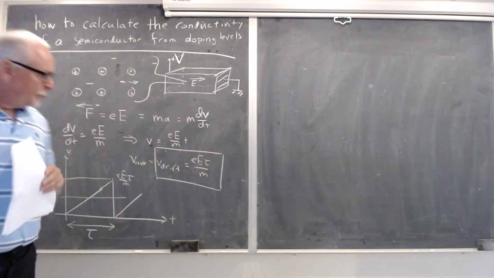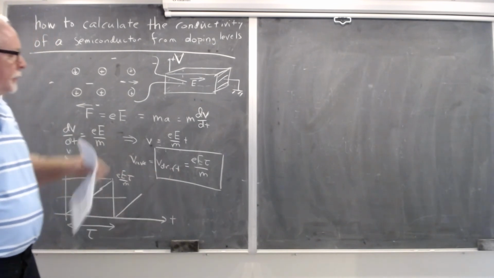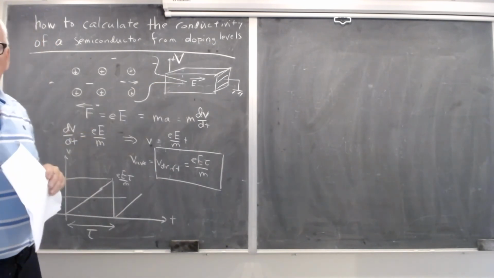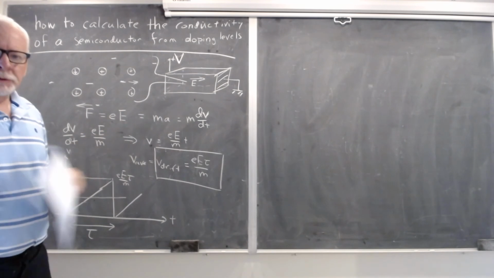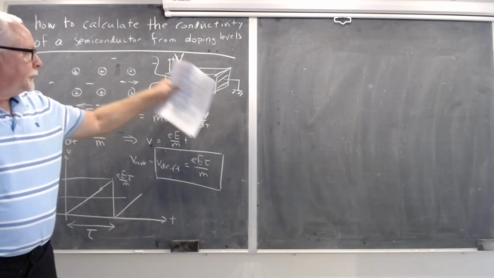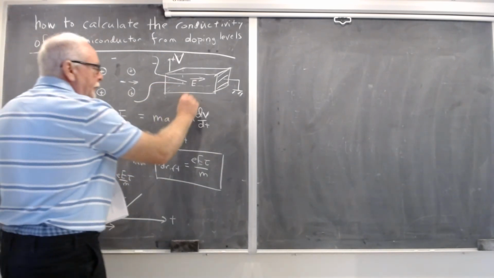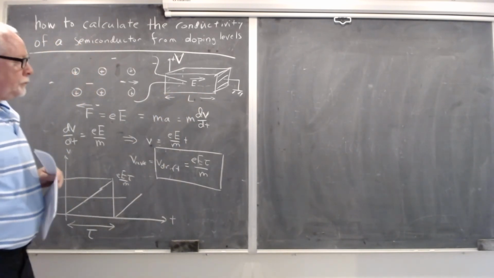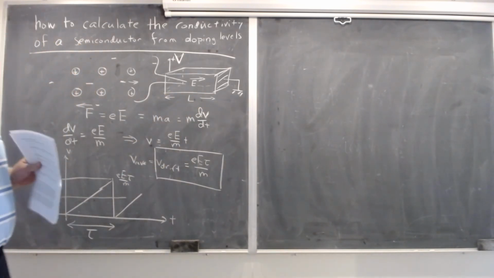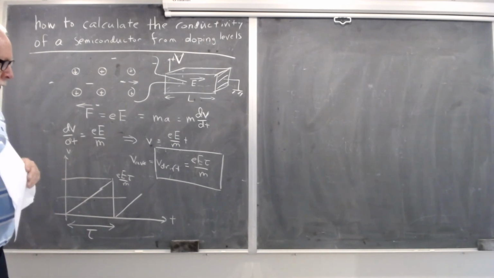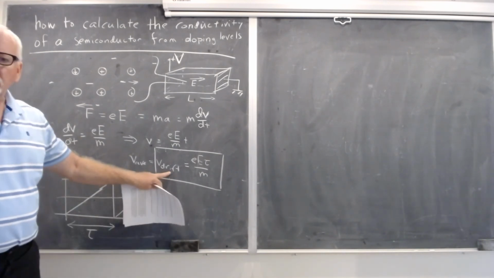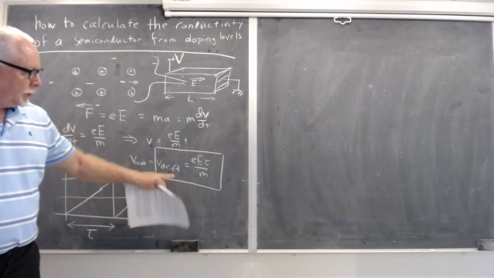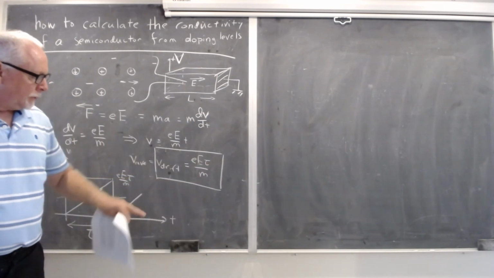Now, what that tells you is that for a given electric field, or a given voltage, because electric field is voltage divided by the length L, there's a particular drift velocity, and you can calculate it if you know the scattering time.